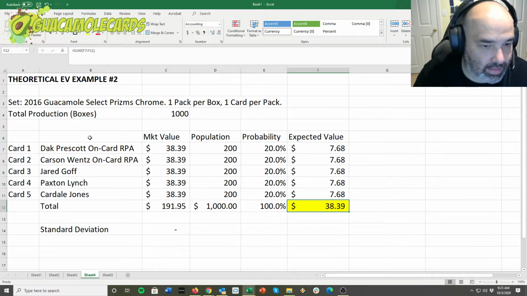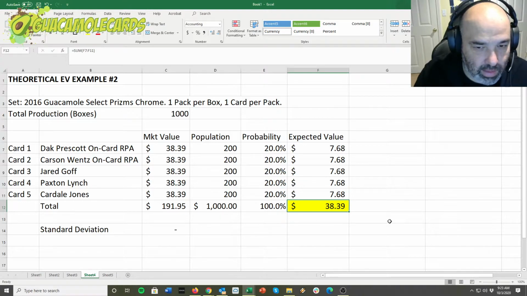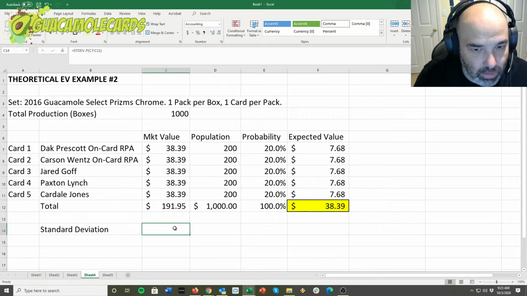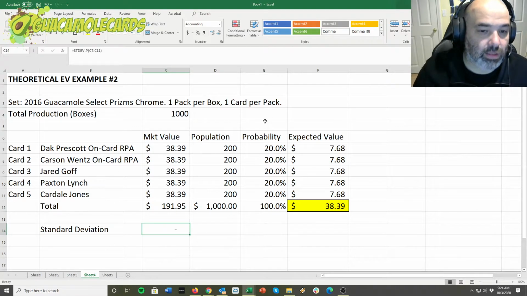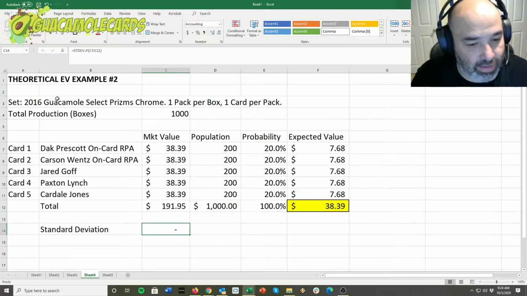Like, hey, I just love these players and I want to have their cards. And this is a risk-free way to do it. So standard deviation of 0 implies no risk, but also means there's no return. So that's just some quick examples of theoretical expected value.